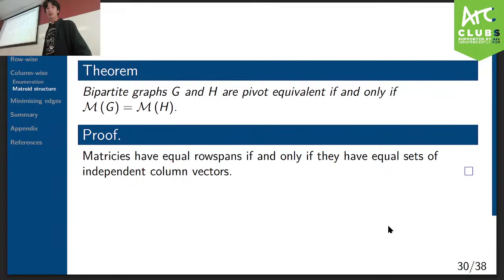This is because, I guess, if you add two rows together, and you consider two columns, you can kind of imagine that they stay linearly independent. I don't have a formal proof for this. So looking at the row span is kind of equivalent to looking at the independence of the columns.